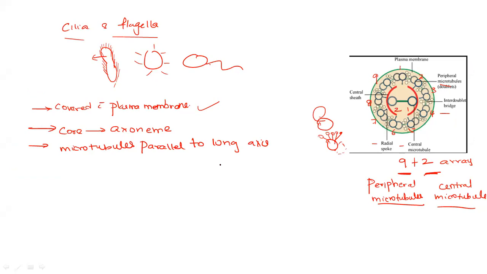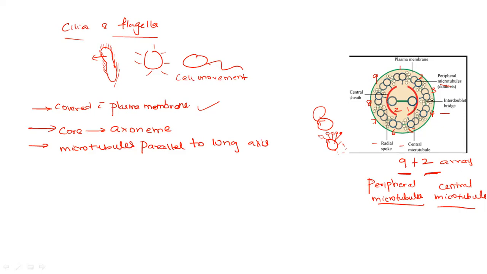I hope we are clear till now. What did I explain till here? That cilia and flagella are hair-like outgrowths of the cell membrane. Cilia are small structures, whereas flagellum is a longer one, and both of them help in cell movement. They're covered by plasma membrane and they have a 9+2 array.